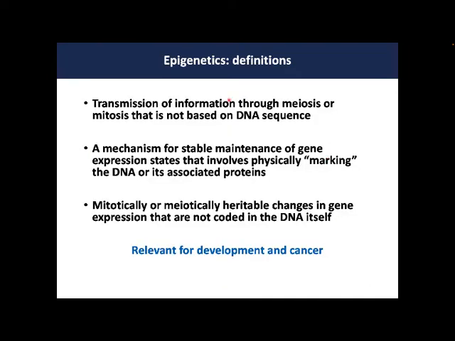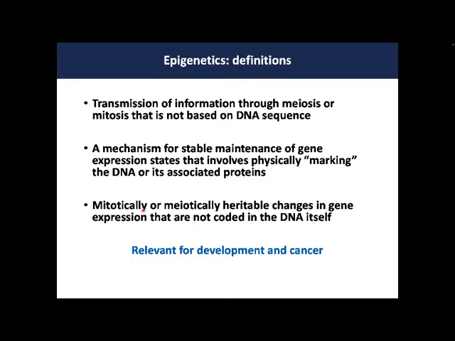So we can define epigenetics as a transmission of information through meiosis or mitosis that is not based on DNA sequence. It is a mechanism for stable maintenance of gene expression status that involves physically marking the DNA or its associated proteins.